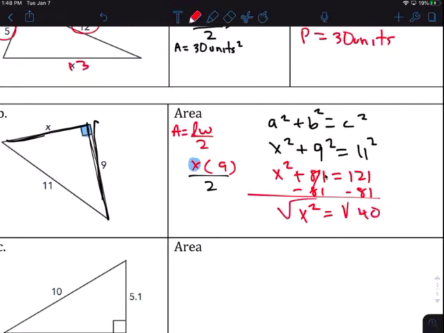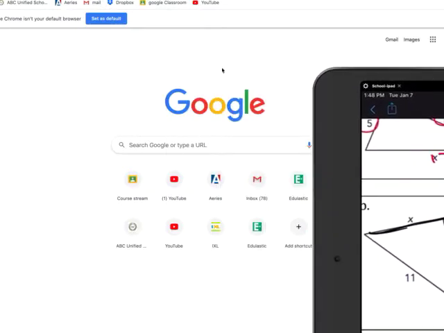Take the square root. I need a calculator for this. If you don't have a calculator at home, use a computer one. So let's see what a computer one looks like. Let me open one to show you. Google Calculator.